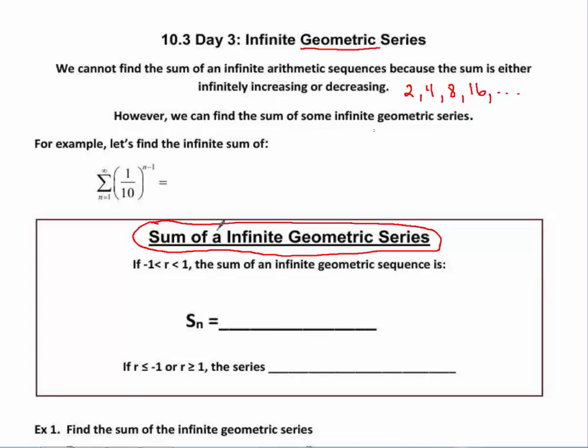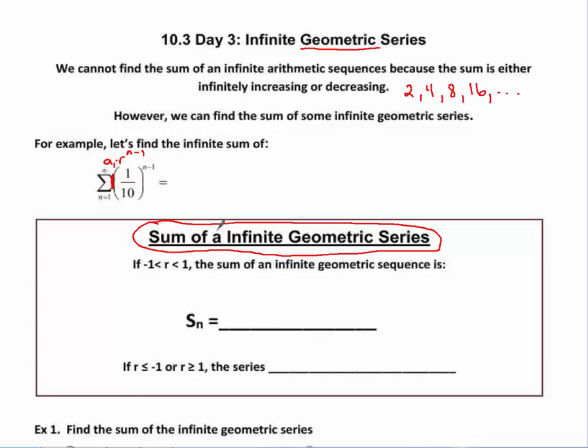But some infinite geometric series we can add up. A quick example is one like this. This says the sum from n equals 1 to infinity of 1 over 10 to the n minus 1. Now, we know that our a sub 1 in here is not written, but it's 1, right? So this is a sub 1 times r to the n minus 1, which is the form for our geometric sequences.